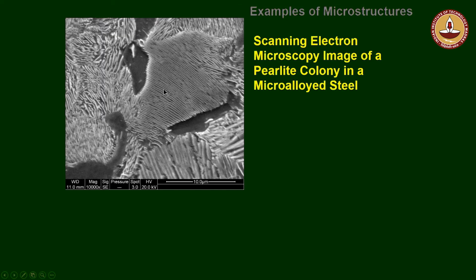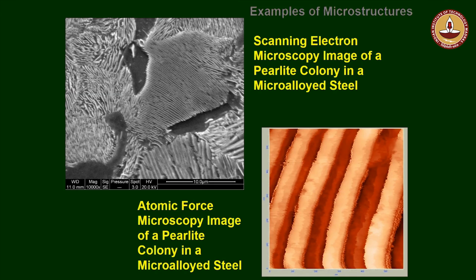What you are seeing are only a section profile of these planes, and depending on what angle the section cuts, the spacing will be different on a two-dimensional image. So, how can I convert a measurement where the spacing is not the true spacing to the true spacing? We will see how stereology will help us to do that.